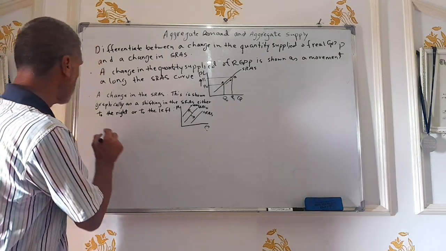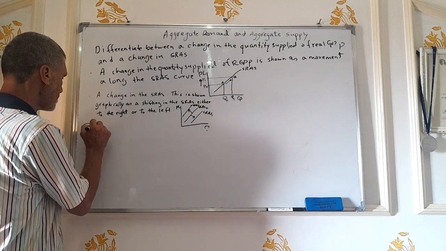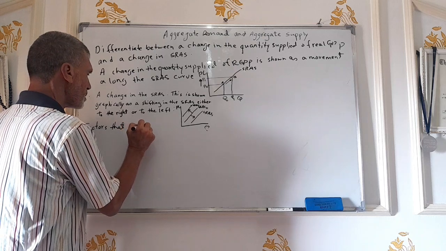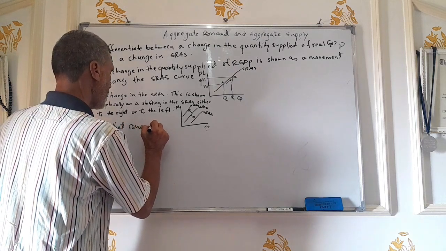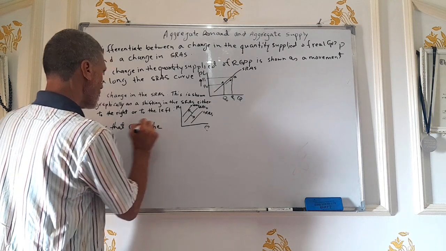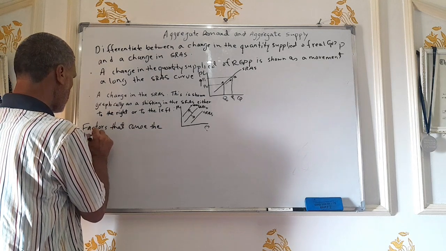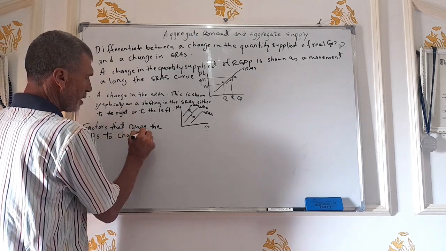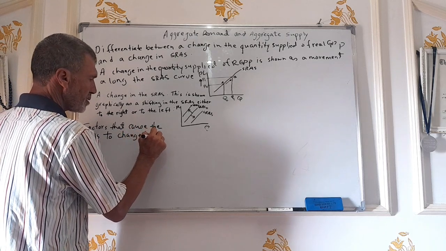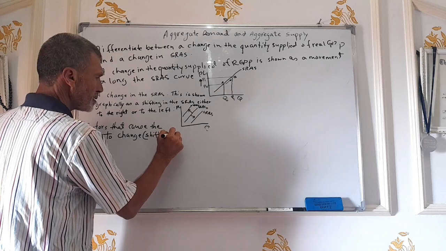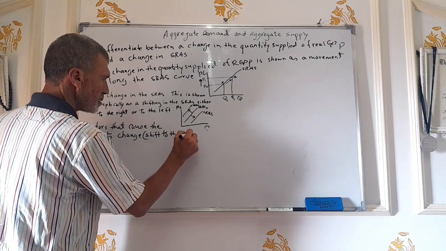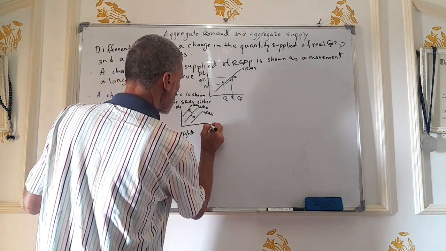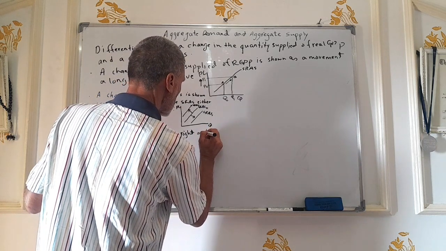Okay. Now here we're talking about factors that cause a change, that cause the short-run aggregate supply to shift to the right or to the left.